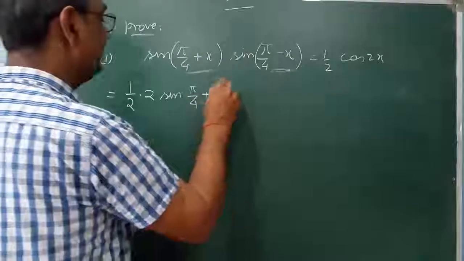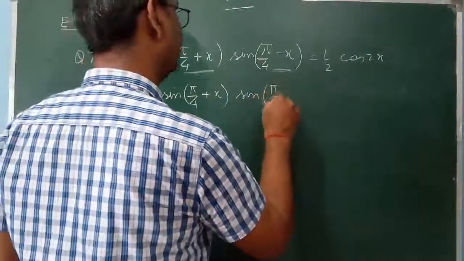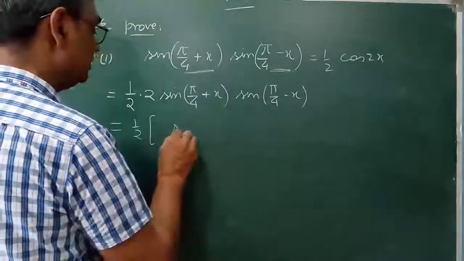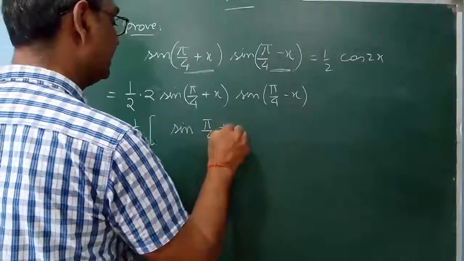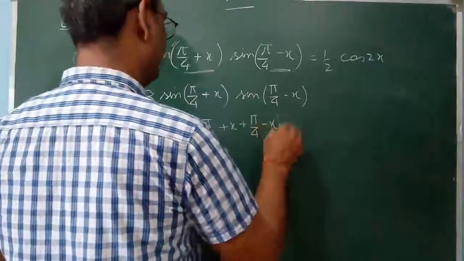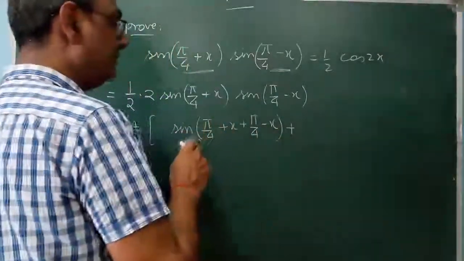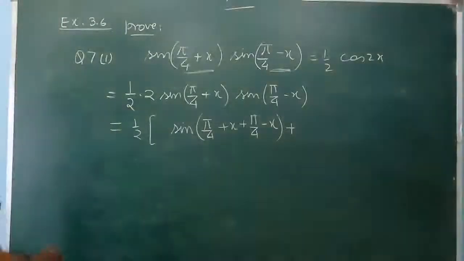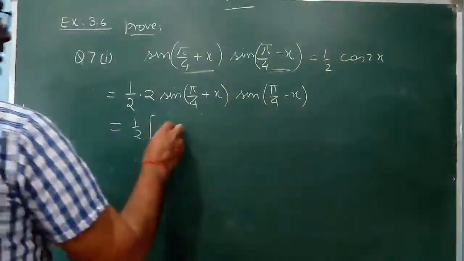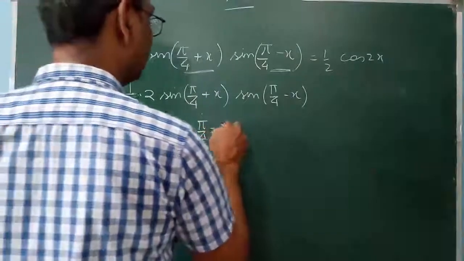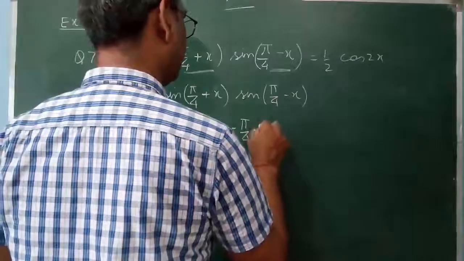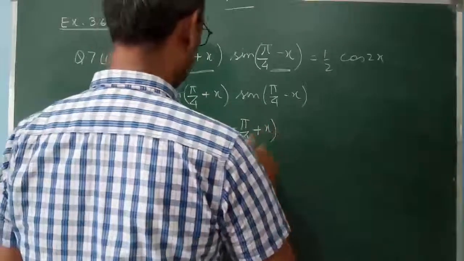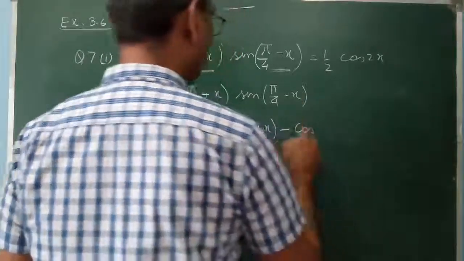So here it will be like this. This is 1 by 2, 2 sin A sin B. So 2 sin A sin B is, sorry, cos(A minus B) minus cos(A plus B).